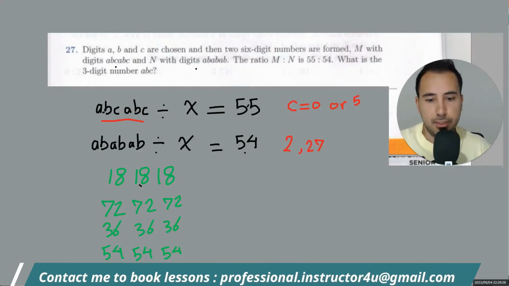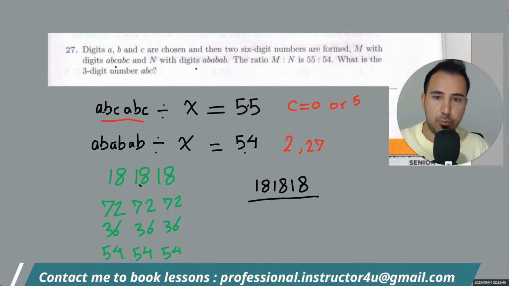I will start with the smaller one because it would be easier, but still very long. So 181818, I'll start with this because that's the smallest one. We divide it by 54, then we multiply it by 55. It's supposed to be in this form, ABCABC.